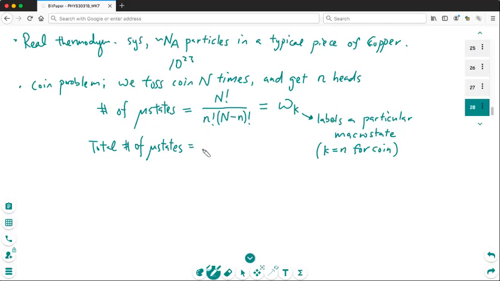So this is the big omega, this is a little omega, this is the big omega, and this requires me to sum over everything. This is just a label. It depends on how you want to label. Start from 1, start from 0, doesn't matter. This is just a label for the macrostates. So we need to consider all possible macrostates and then add them up.